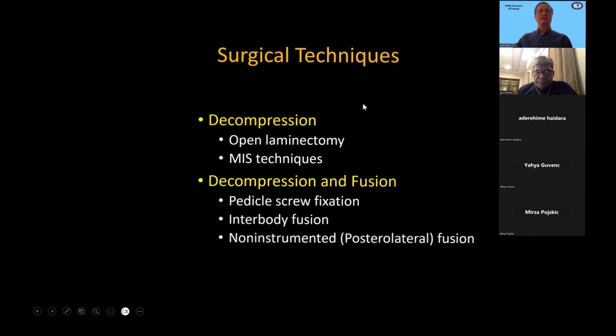What are the surgical techniques? The other friends have nicely presented how to do the decompression. And if it is a fusion, currently we are applying pedicle screw fixations very often. And for fusion, we apply either interbody fusion or non-instrumented or instrumented posterolateral fusion.